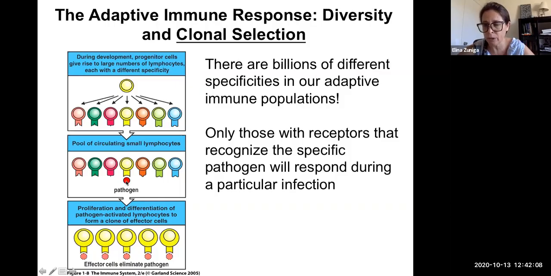So, for example, with the measles virus protein, only the ones that recognize the infectious pathogen will be selected, and these ones will be expanded, which is clonally selected, which means they will be copied. Okay, this clone will be expanded, will proliferate and make many copies of this clone. And of course, we want to make many copies of the clone that has the receptor for the pathogen that is infecting us. That makes sense.